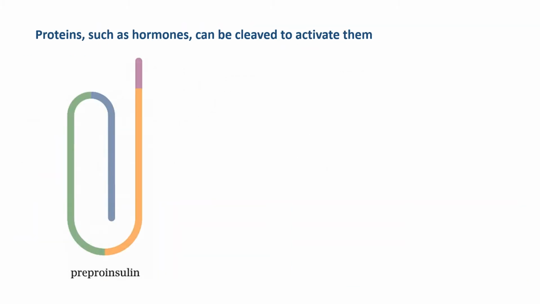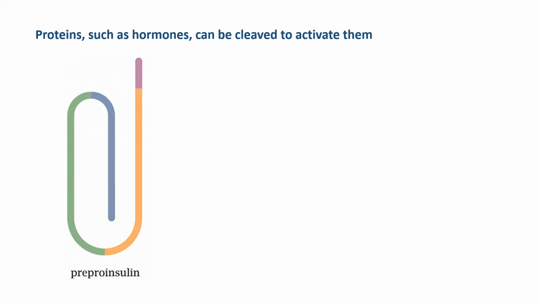We talked about cleaving, and a great example of this really is protein hormones. So here we've got something called pre-pro insulin. Yes, it's the hormone insulin, but this is its early phase, pre-pro insulin.